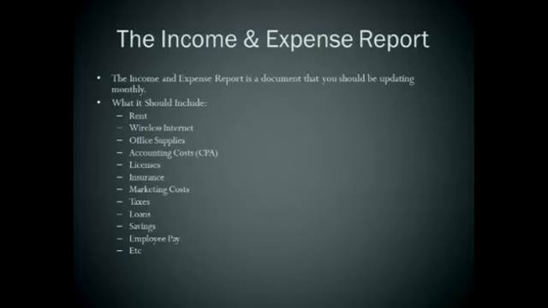You're going to have to deal with rent, whether you're having your offices at home or whether you have an exterior office. Always include the rent, of course, internet, any other technological bills that you might have to pay, electric, gas, all of that stuff. You really want to get in there.